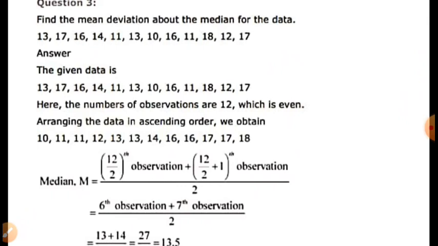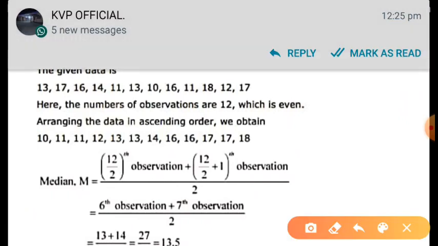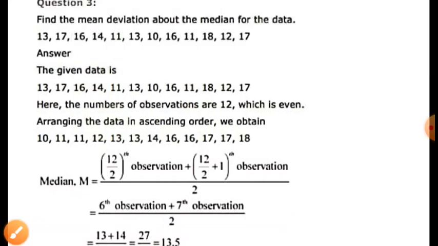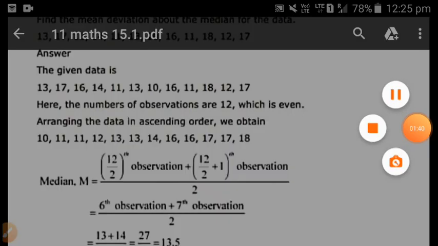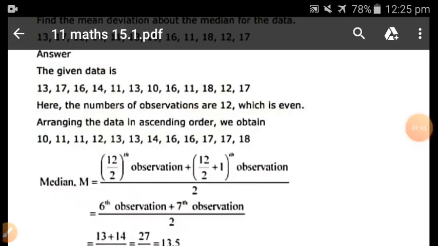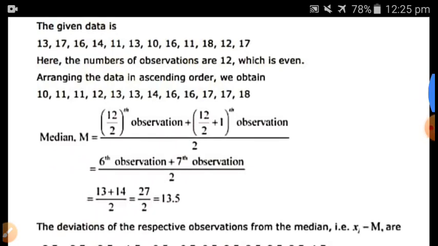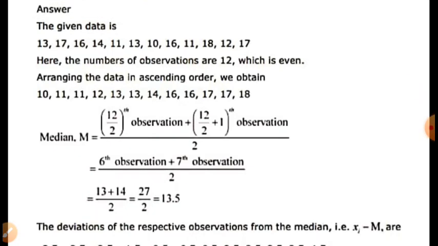Now for the median, first count the number of observations. Here the number of observations is 12. With 12 observations, the middle values will be the 6th and 7th observations.